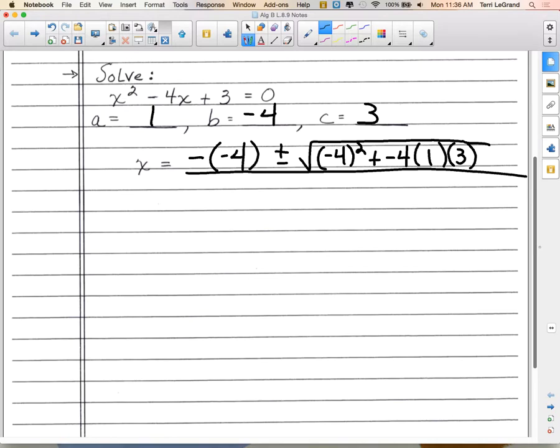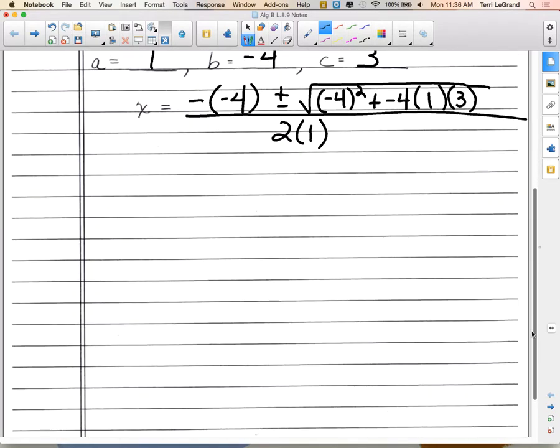And then we have this basic, simple little denominator. What is it? 2 times 1, 2a. So we have the opposite of b upstairs, plus or minus the square root of the discriminant, which is b squared minus 4ac, also known as b squared plus a -4ac. All of that divided by our 2a.